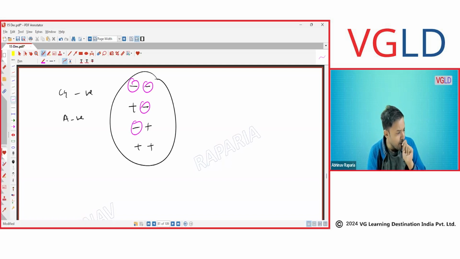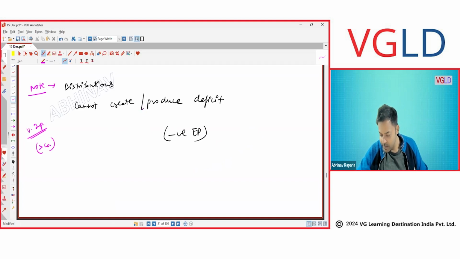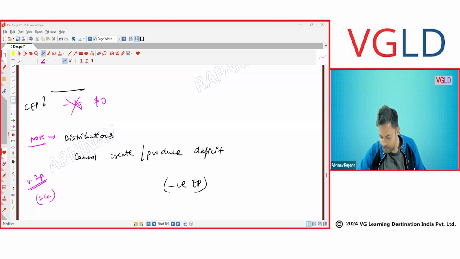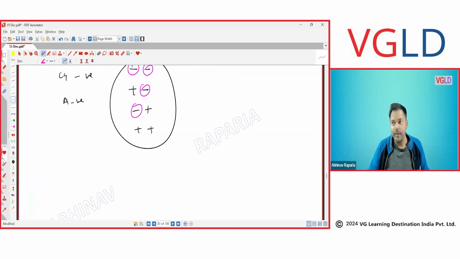Problem clear? There the negative values were coming, negative ENP was coming. And now I'm saying negative is not possible. How is it possible, guys? Ashraf, clear what I'm saying? Guys, point clear what I'm saying? No, there's a difference. Good point, Ashraf. That negative is possible because of my operations, my business. If I have done the sales of 100 and my cost is 120, obviously you will have a loss.